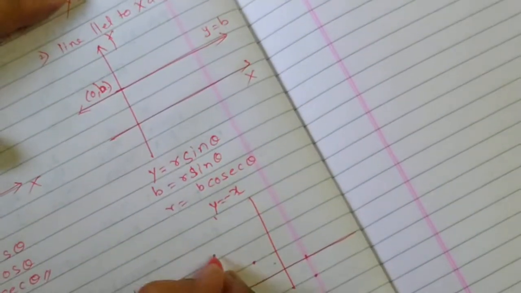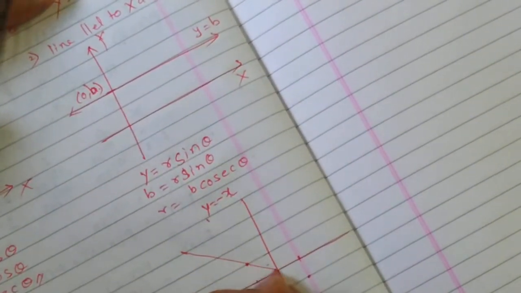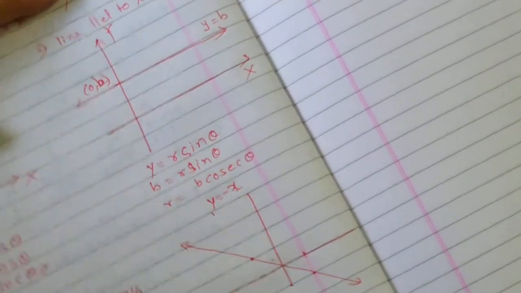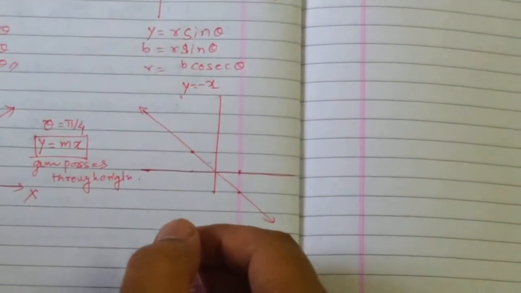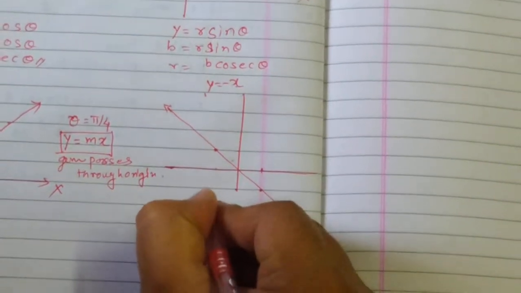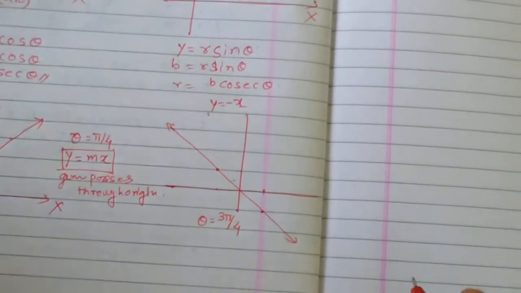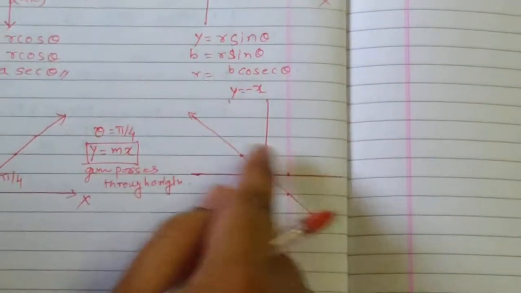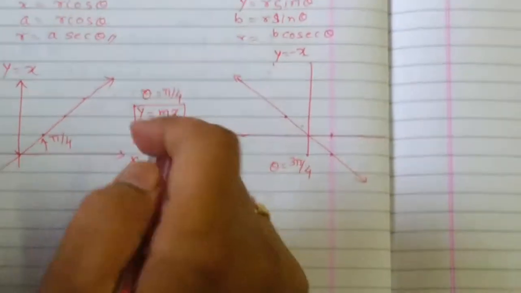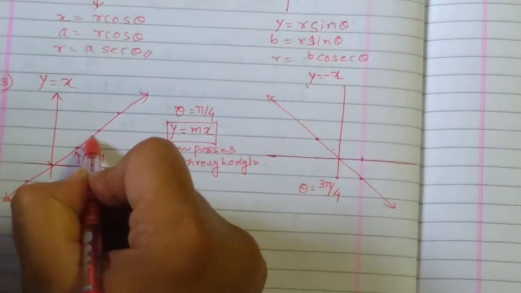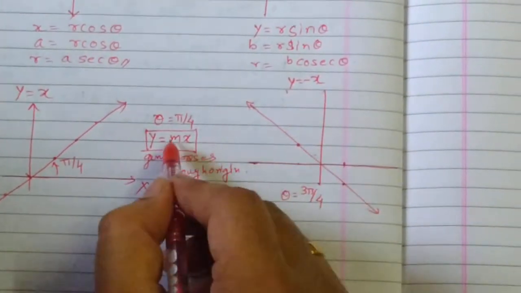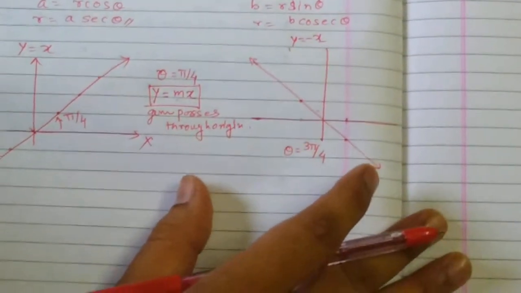So this is a line which passes through the second and fourth quadrants. Its polar equation is very easy to develop: theta is equal to 3 pi by 4. Are you clear with that? For both the lines, you can use y is equal to mx as the general equation. Here the slope is 1, so we get y is equal to x. As the slope is minus 1, we get y is equal to minus x.